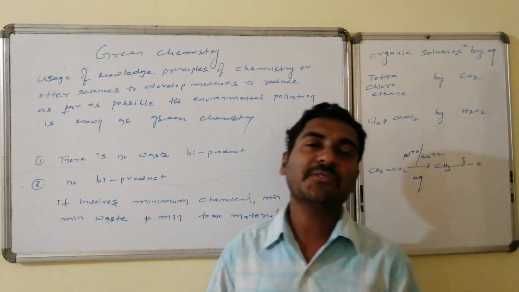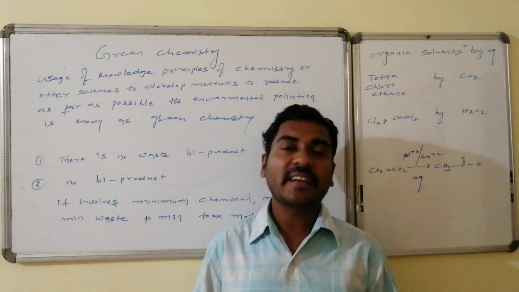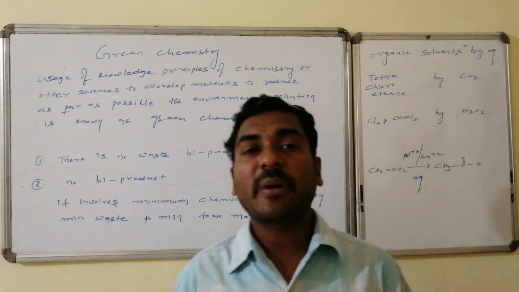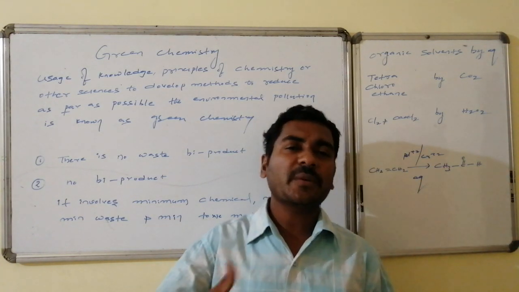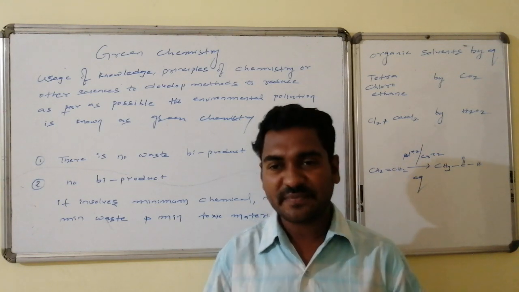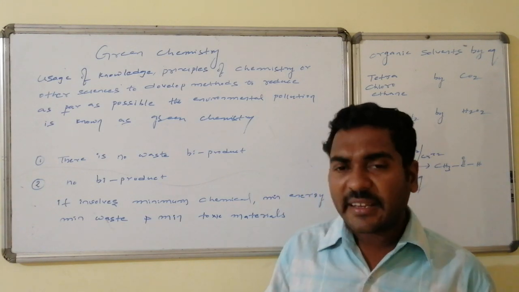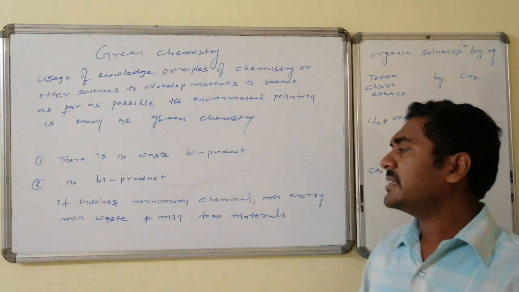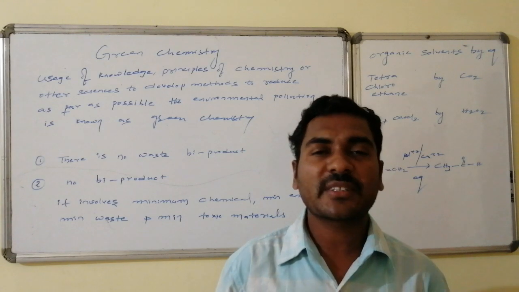Proper care and attention has to be taken over the reaction mechanism, and the study of the reaction is done in such a serious manner that the number of unwanted byproducts is decreased. Second, we have to perform the chemical transformations in such a way that there won't be any kind of byproduct. And third, green chemistry involves minimum chemical usage, minimum energy, minimum wastage, minimum toxic materials production, and minimum byproducts production.